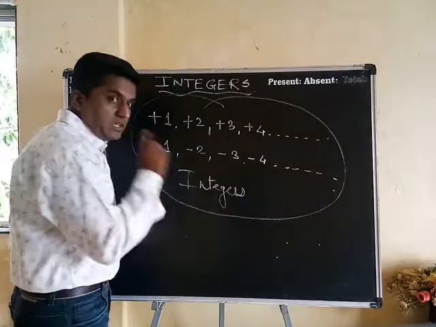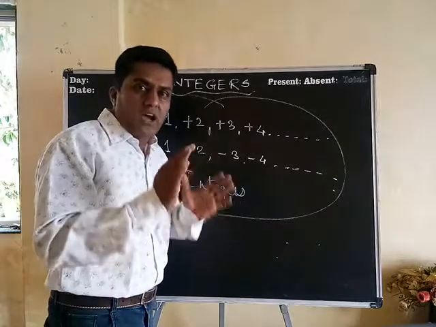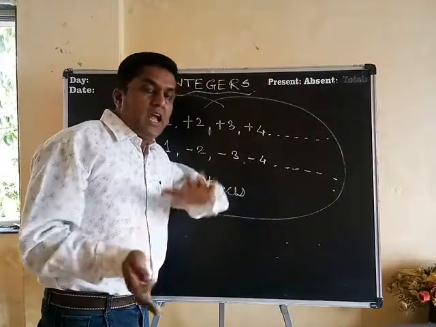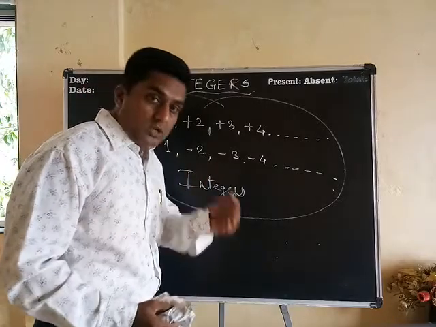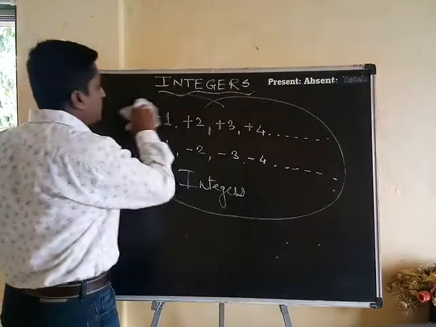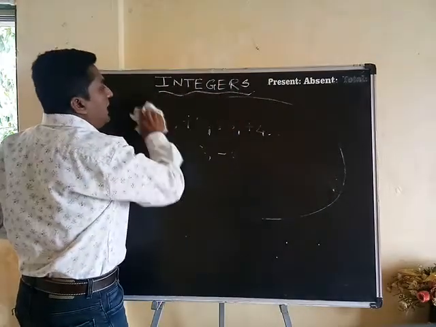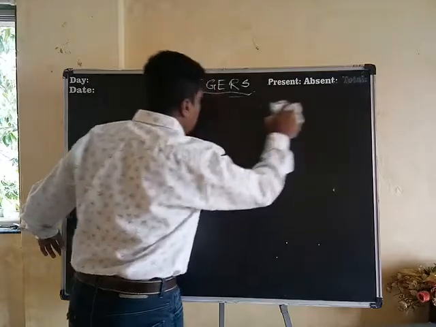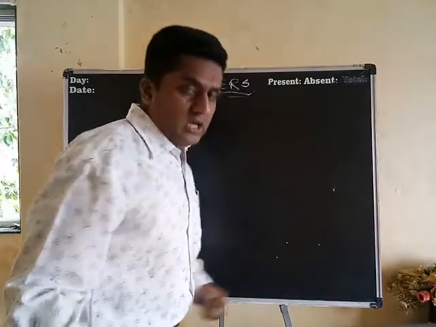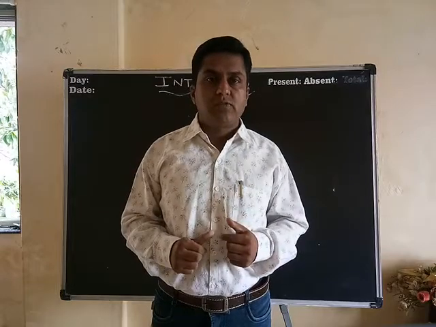You have learned this last year, and even last year you learned how to add and how to subtract these integers. So that also I am going to show you. Let us have a short revision of how to add and how to subtract these integers. Already you have learned the rules. In short, I will explain the rules and then start the revision.